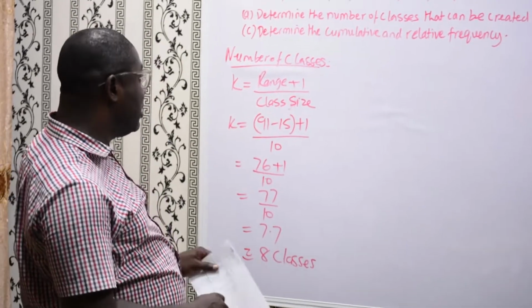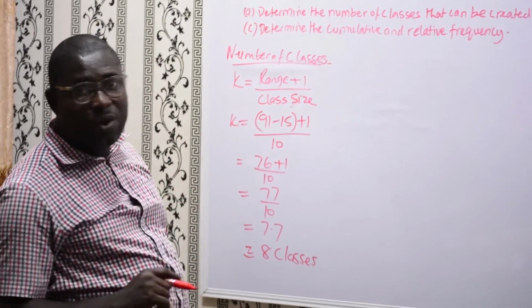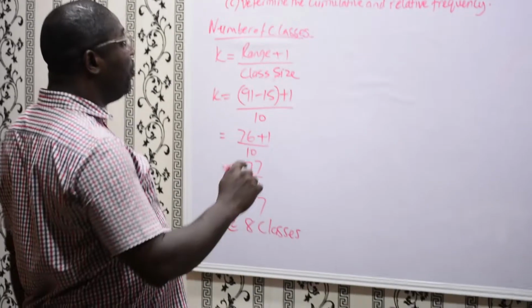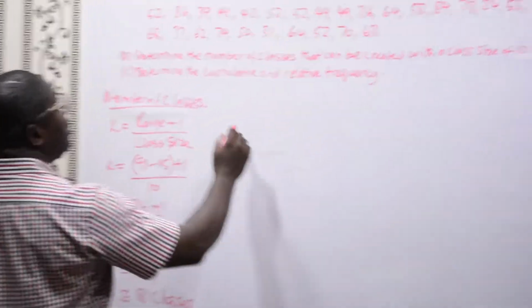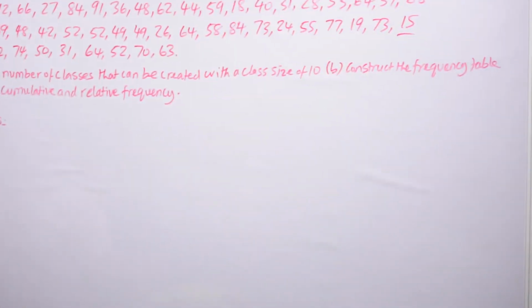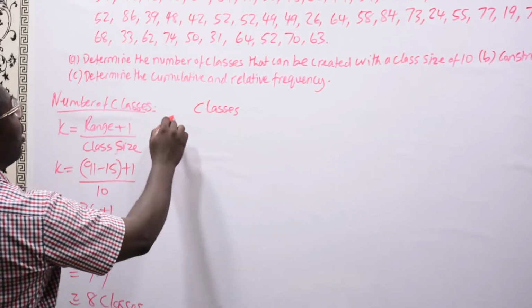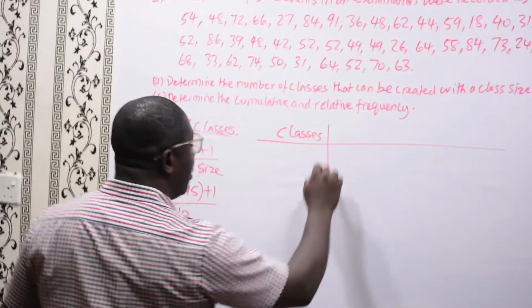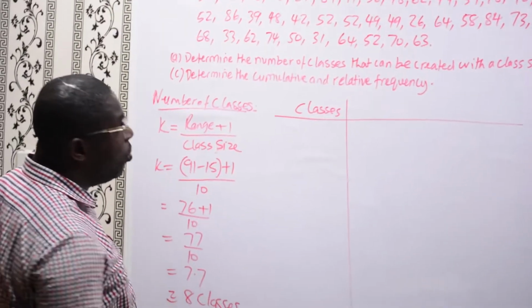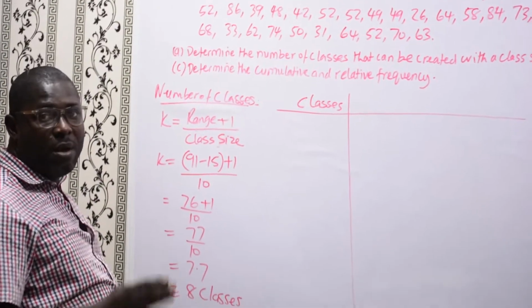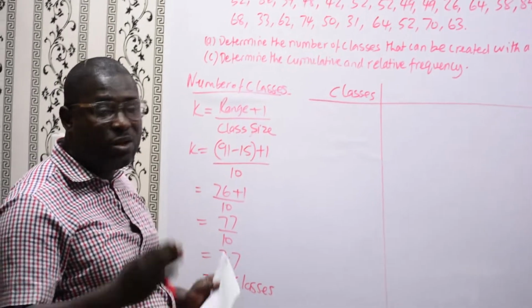So let's now construct our frequency table. The frequency table will be given as this. So we're going to have classes here, and then we'll start from the least value. And remember, we're told that it's a class size of 10.